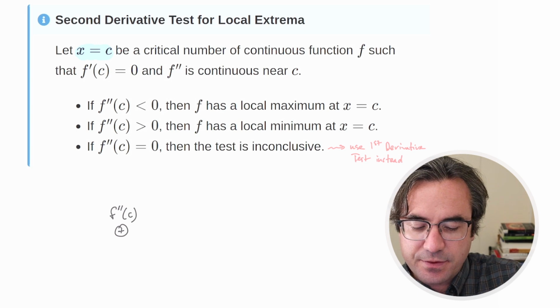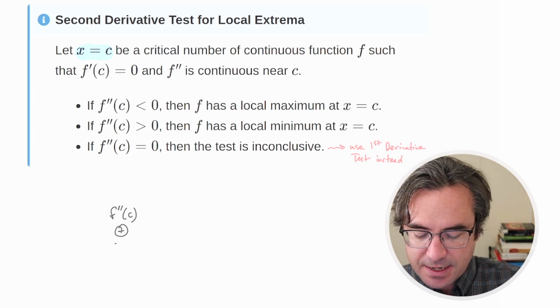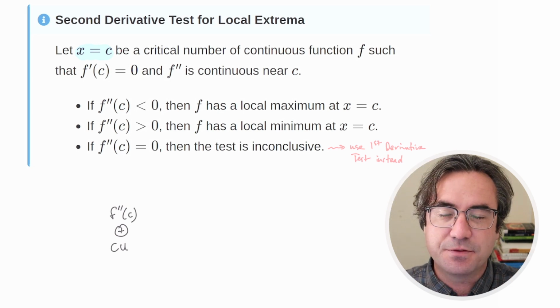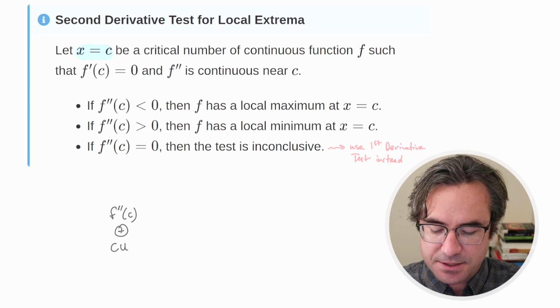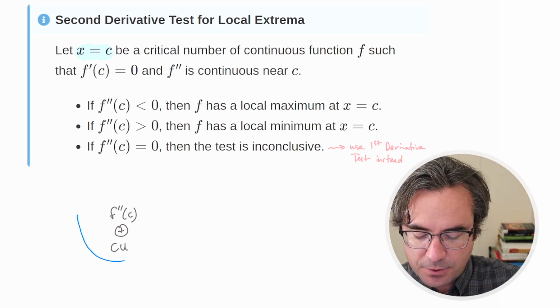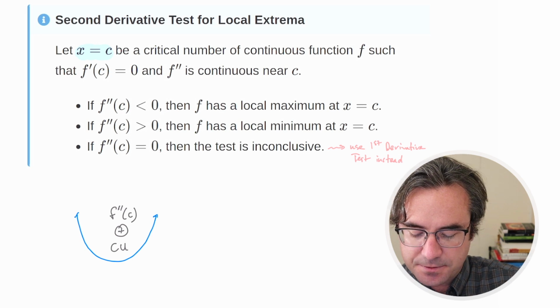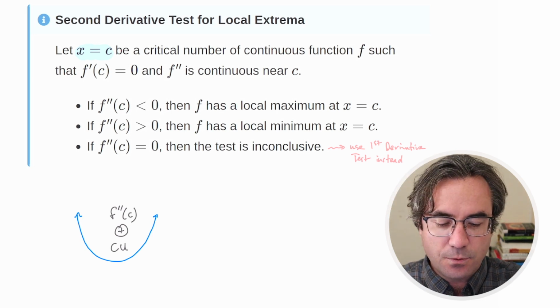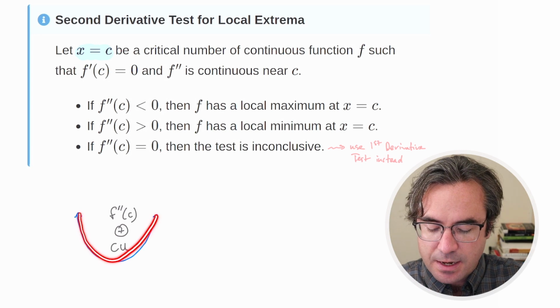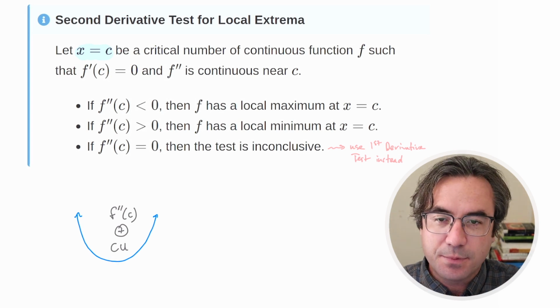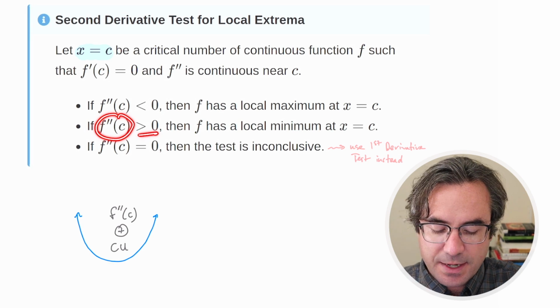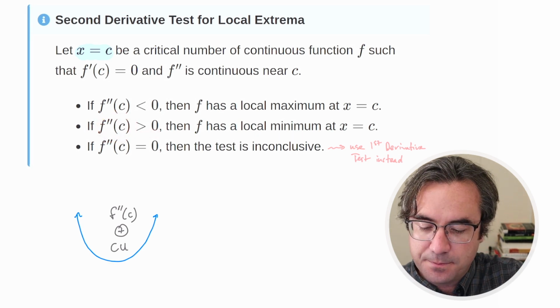When the second derivative is positive, that means concave up, so our function f is going to be concave up. To remember this test, let's draw what concave up looks like. It looks something like this. Not only does it look like a low point on our graph, but that's precisely what this test says. When f double prime is positive, we have a local min.